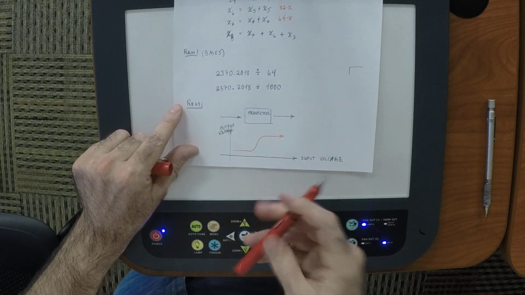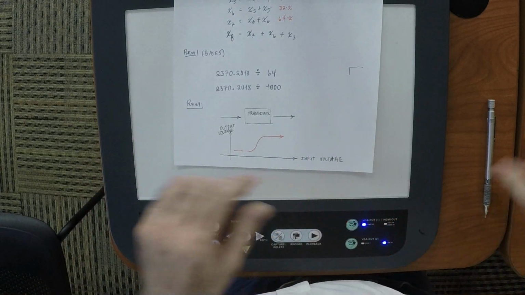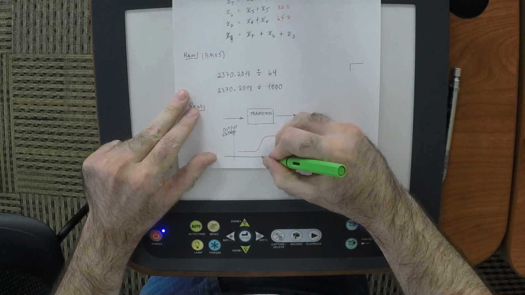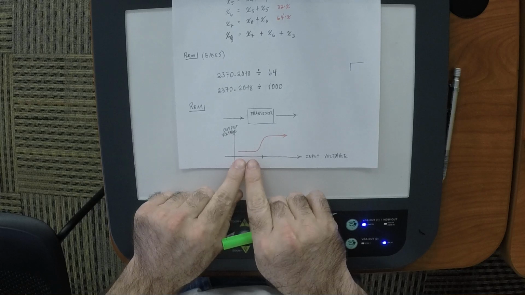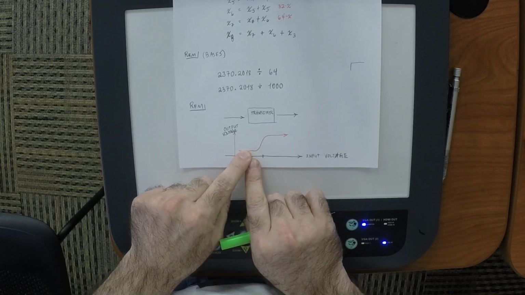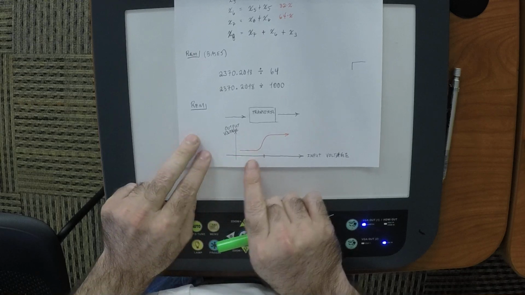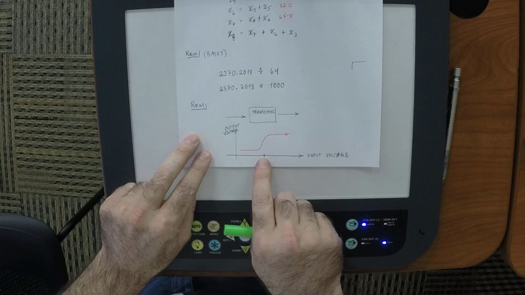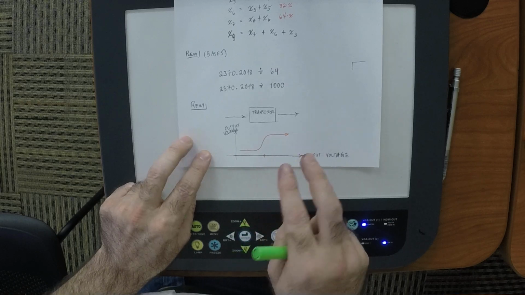So concerning the input voltages on the transistor, if the input voltage is low, then the output voltage is low. And it can be anywhere in here, it's essentially constant. And then when you pass this certain critical voltage, then the output voltage is high.